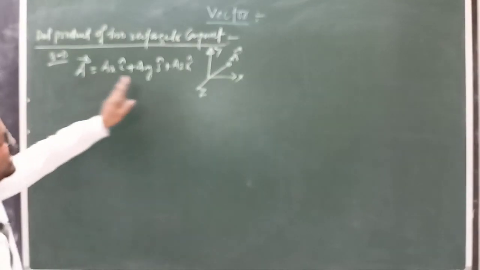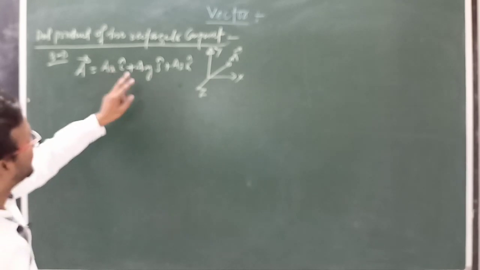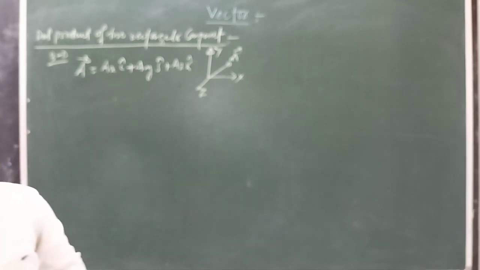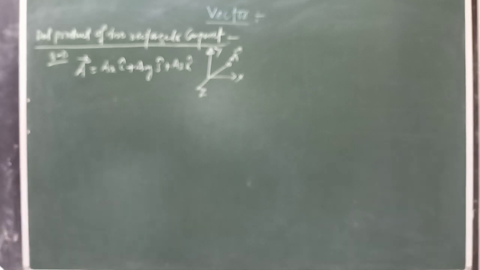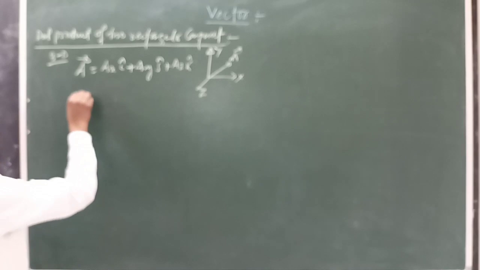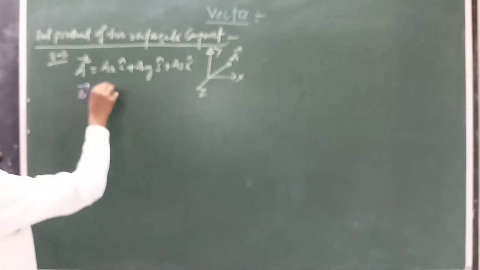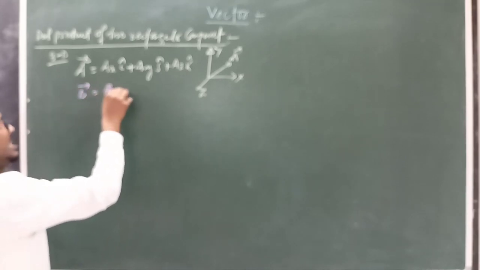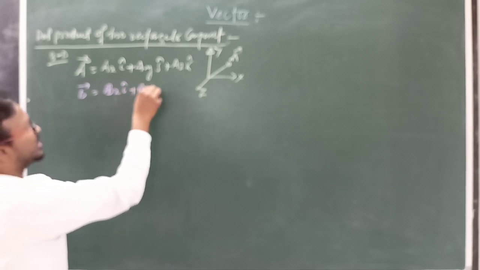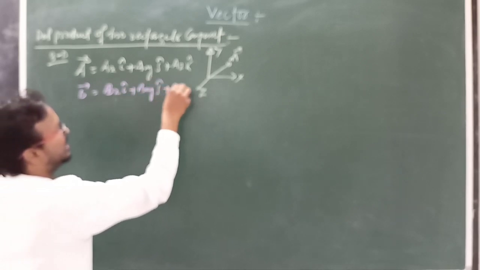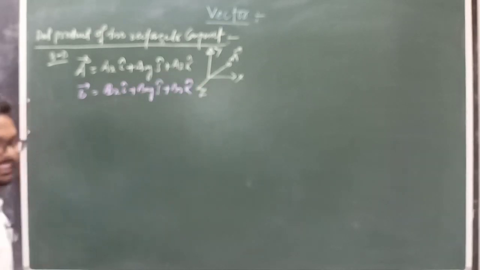We already know this relation. Clear? Ax i cap, ay j cap, and az k cap. Now we have to solve this relation. Similarly b vector can be written as bx i cap, by j cap, and bz k cap.